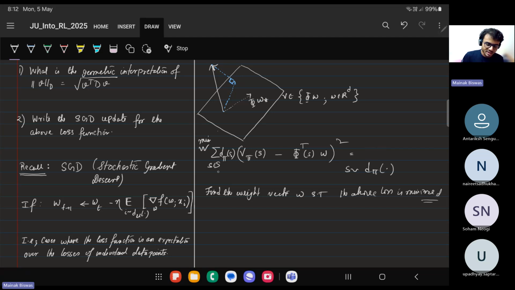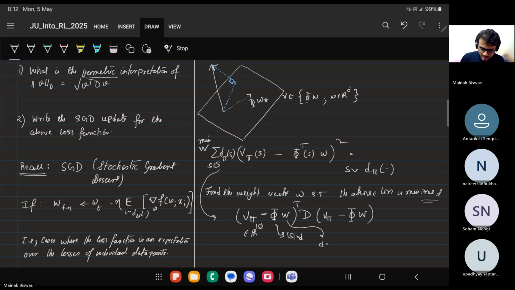And we said that this is the... So how did we represent it as a vector? We represent it as v pi minus phi W, transpose, D, v pi minus phi W. Isn't it? So we said that for every state, this is a vector in R^S, and this matrix is S cross D, and this is D cross 1, isn't it?